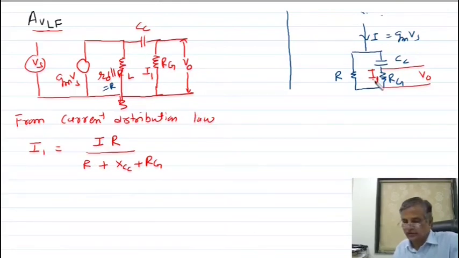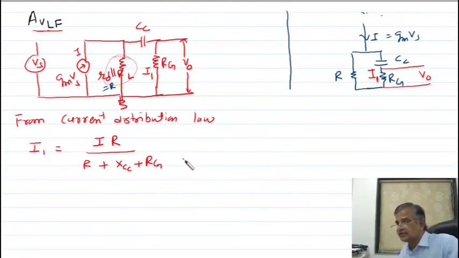If you have not studied it, you can derive it from this also. This current is equal to the total current I, multiplied by the opposite resistance, opposite of this resistance, upon the total resistance. So this is your current distribution law. As you studied the voltage distribution law, in the same way this is your current distribution law.